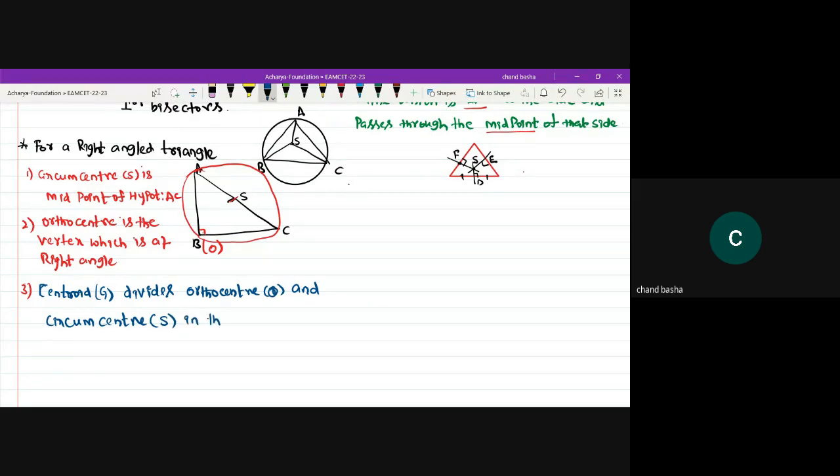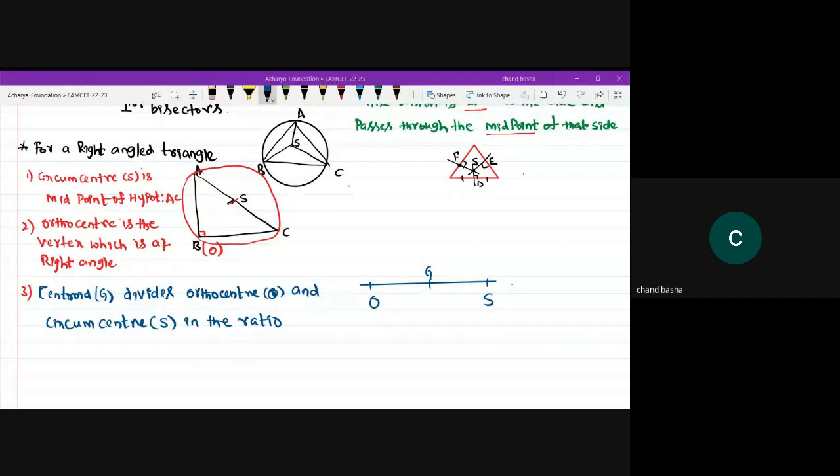In which ratio, guys? Any idea? This is an important property. Everyone will already remember this property. Centroid divides orthocenter and circumcenter in the ratio. In which ratio? Aisha, Mahesh, Sai, Anvesh, okay.